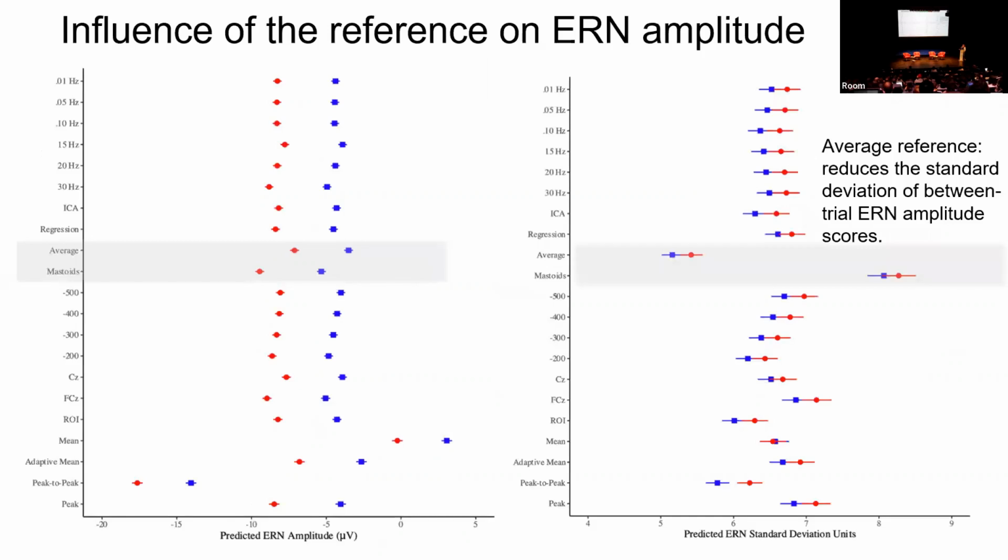But when you look at the between-trial standard deviation for the ERN, the average reference reduces the inter-trial standard deviation a lot, which means the quality of the data is better because you don't have outliers. It makes the data more uniform.